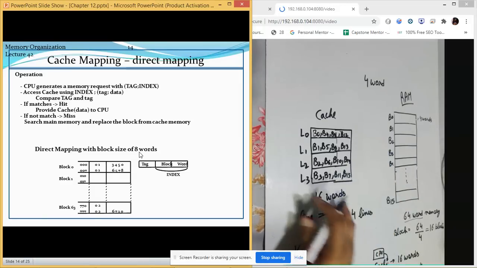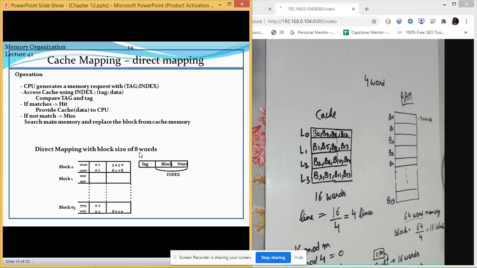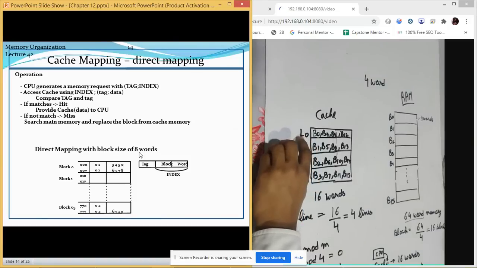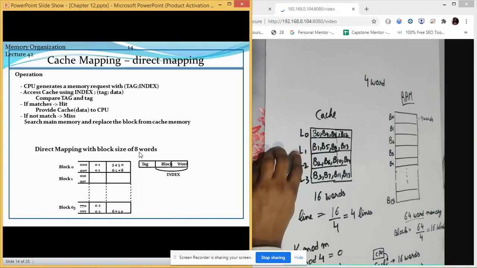So all the blocks will be stored in this way. Now we have a fixed location for a particular block to be stored inside a line inside the cache.